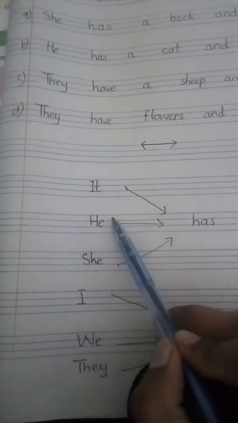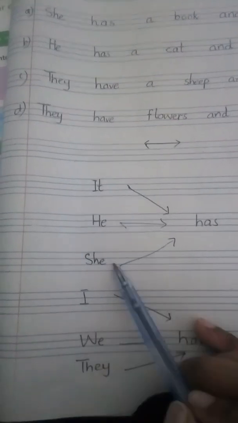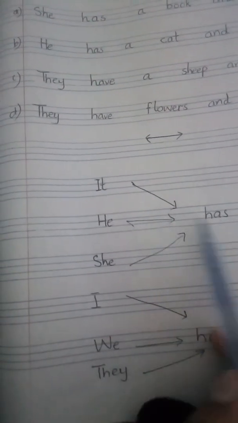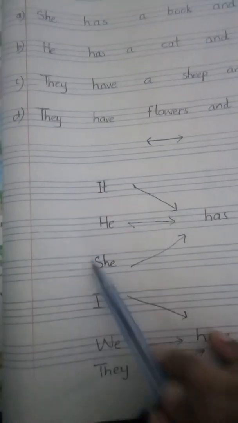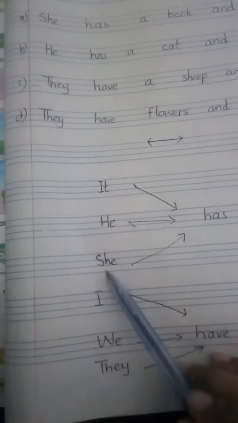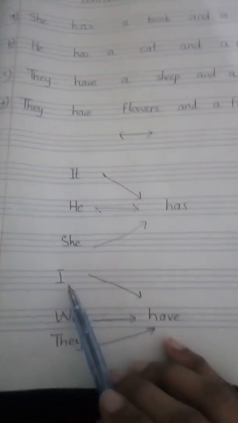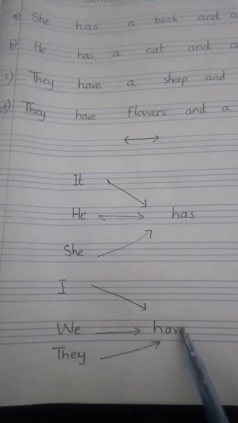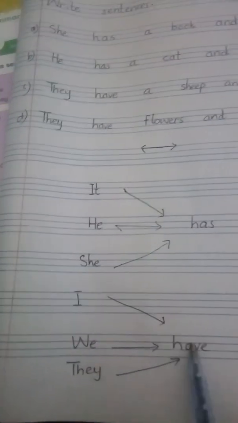He, she, he is coming instead of a boy's name, she is coming instead of a girl's name. It has, he has, she has. With these three subjects, we use has. And if the subject is I, we or they, we will use have. I have, we have, and they have. Okay, so is it clear?